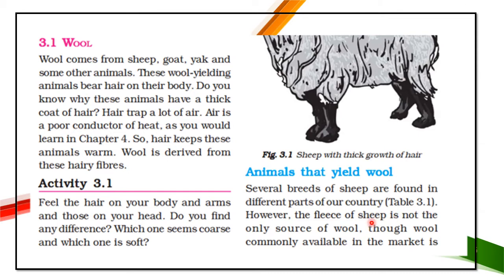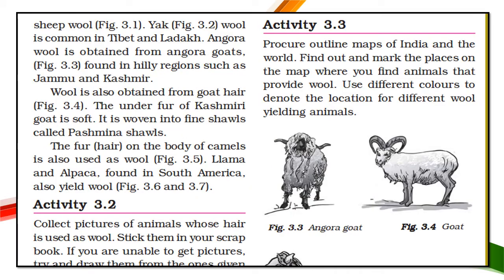Table 3.1. However, the fleece of sheep is not the only source of wool. The wool commonly available in the market is sheep wool. Yak wool is common in Tibet and Ladakh.